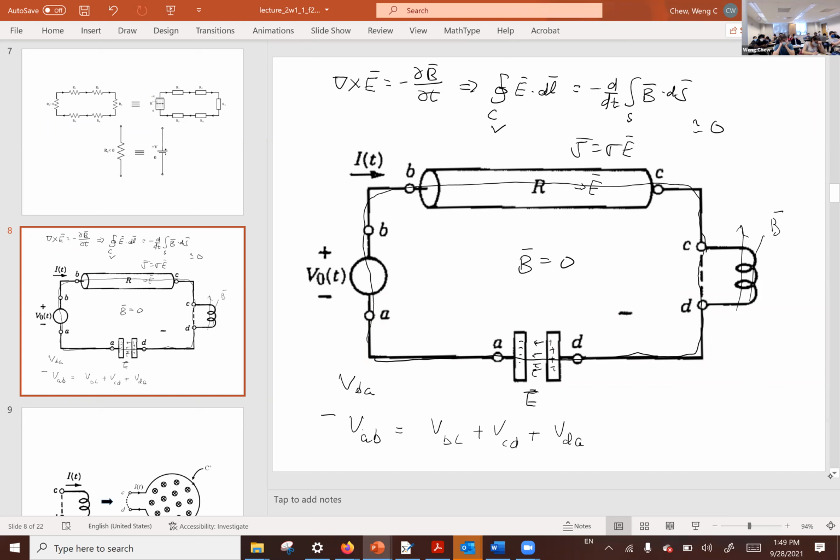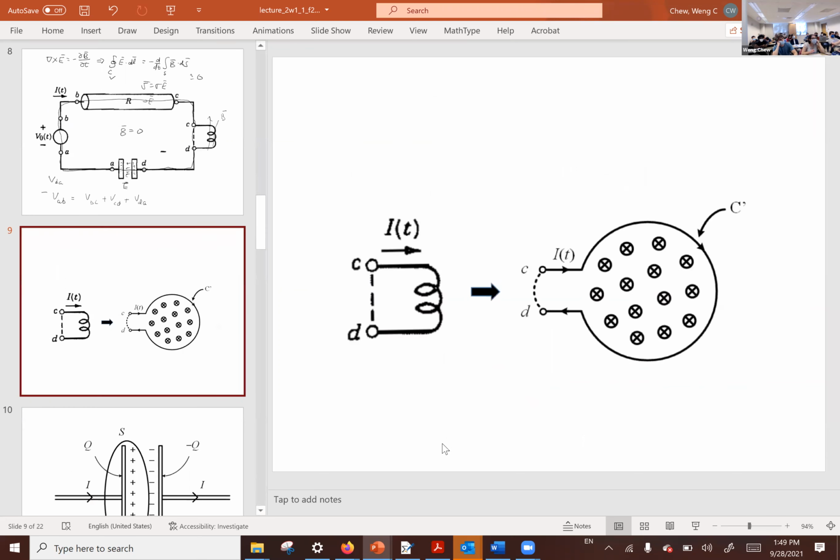But we have to take some care as to what actually happens around this inductor, because we kind of gloss over it. We just integrate over here and claim that we pick up a voltage as we integrate from here to here, but we never belabor what happens inside the inductor. So let's go into this inductor and take a closer look. If I were to integrate from C to D, with current coming in and then current going out, there would be a voltage drop across this inductor.